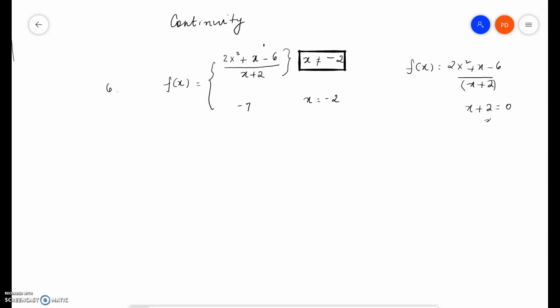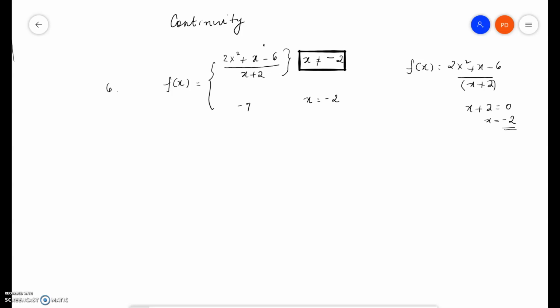So when we solve this, we get x equals negative 2. So this piece is undefined at x equals negative 2. Other than that one number, negative 2, we plug in any other number, the function is perfectly well defined.